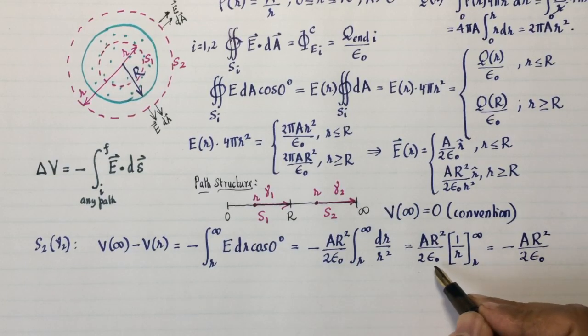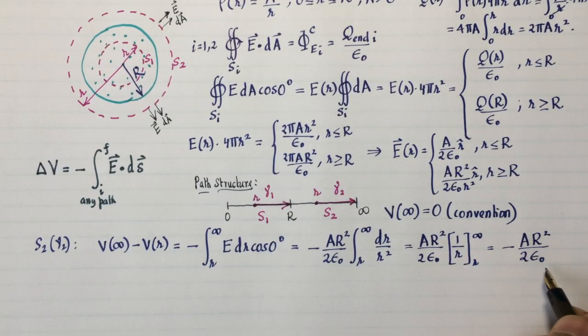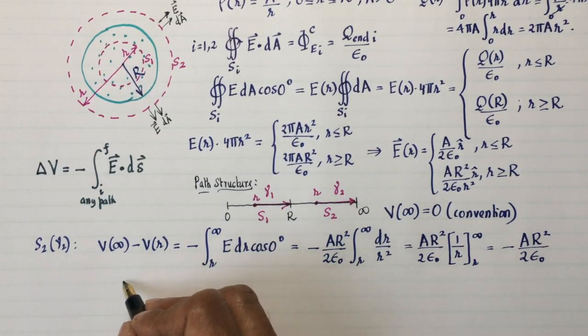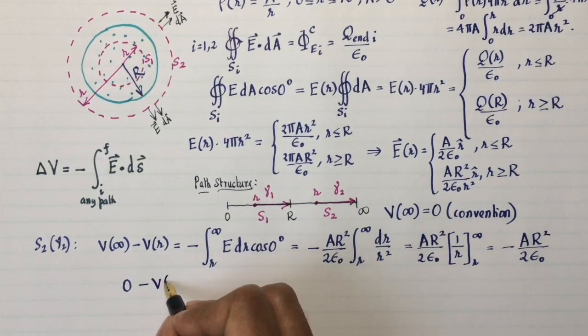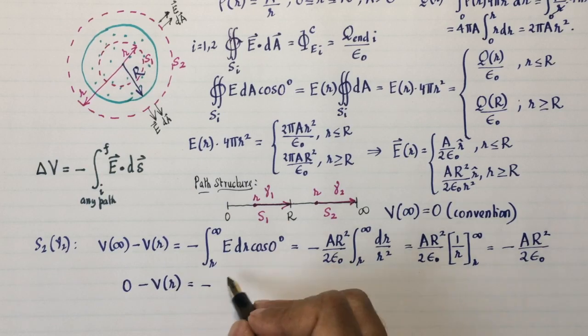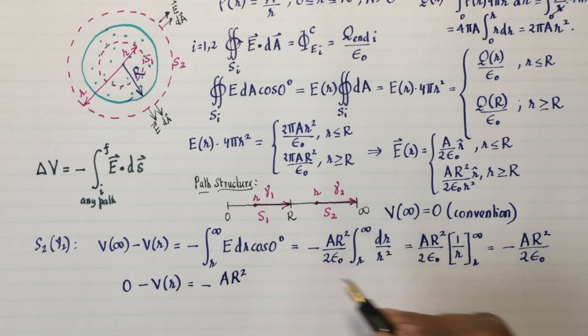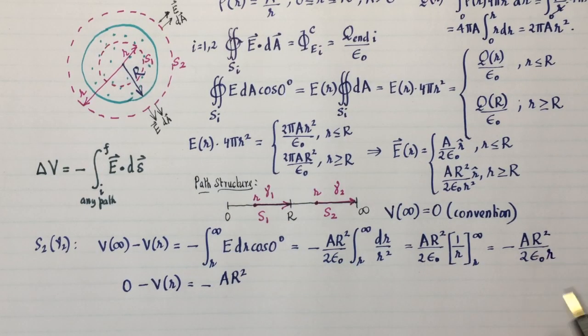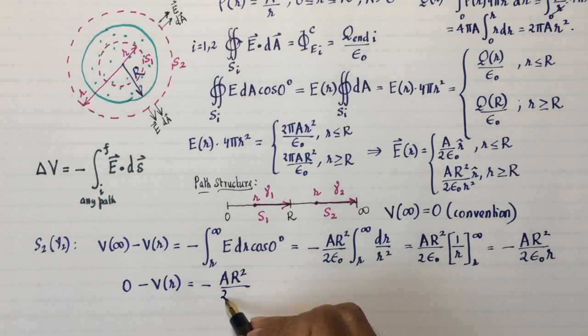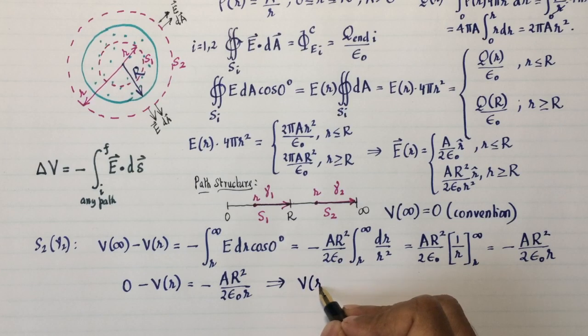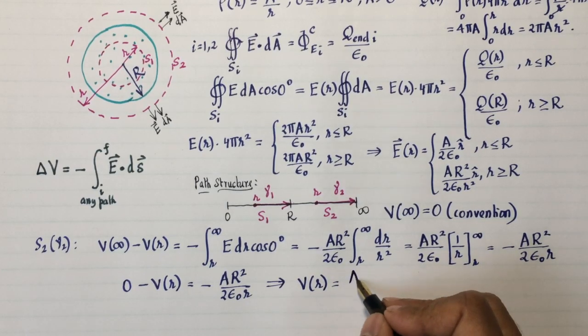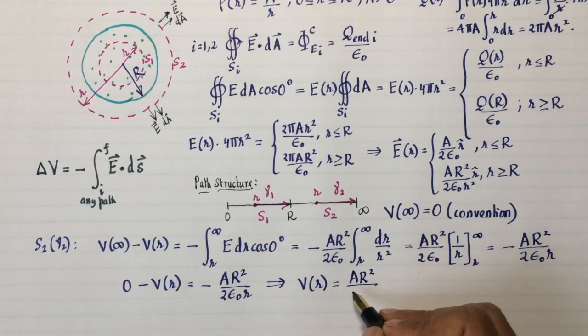The negative sign comes from the fact that the lower limit is subtracted. On this side, I'm going to get 0, because that's what the potential at infinity is by convention, minus V of r equals negative A R squared over 2 epsilon naught r. So cancelling out the negative signs, I have the expression for the potential outside the sphere.